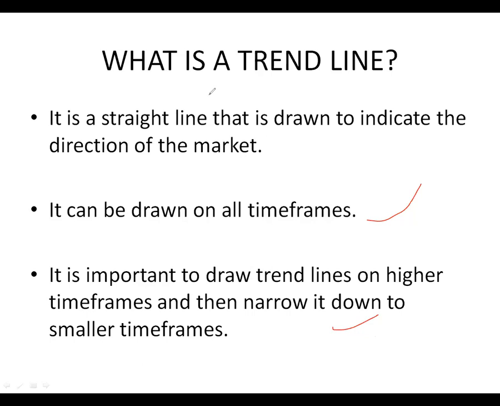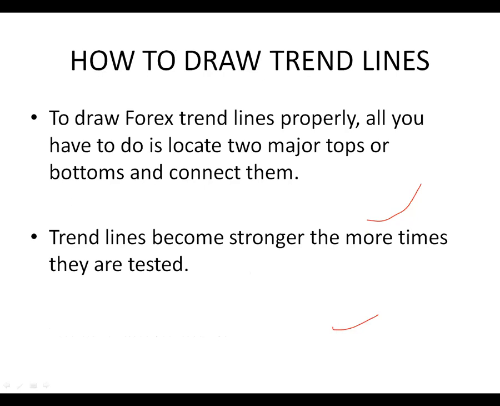Now, aside all this, we need to know how to draw trend lines. If you cannot draw a trend line, then there is no need of even learning what we are showing you. You need to know how to draw it. So how do you draw a trend line? To draw Forex trend lines properly, all you have to do is locate two major tops.